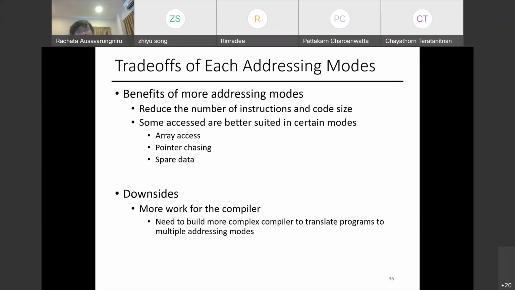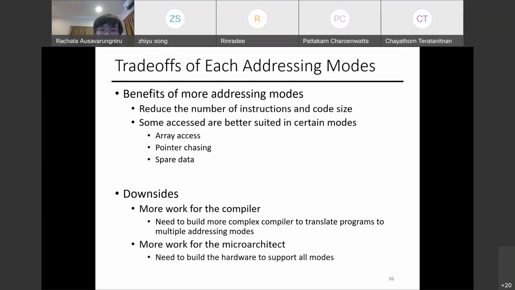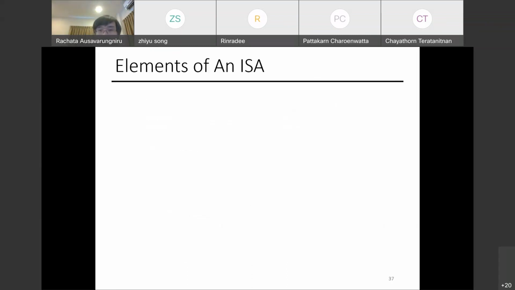I have multiple options. It's a lot of searching, right? Also more work for the hardware because I need to implement every single mode. But most of the time, these days in most modern computers, you would support more because you can cram more transistors into your chip.